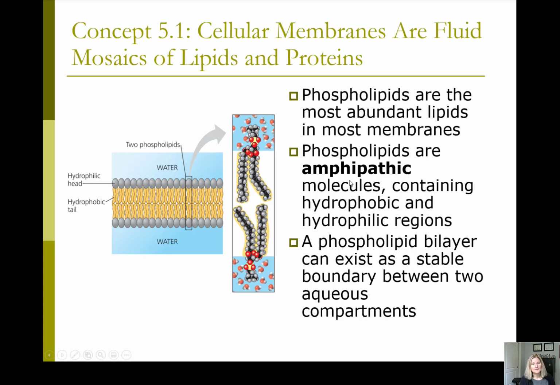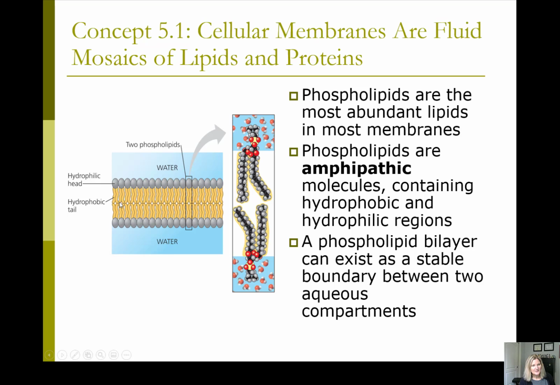And phospholipids are amphipathic, which basically means that the head region is hydrophilic, because that's the phosphate end, and then the tail region, the fatty acid area, is going to be hydrophobic.